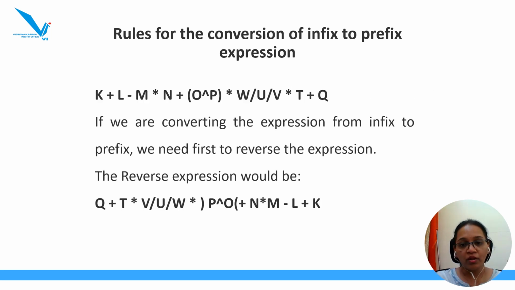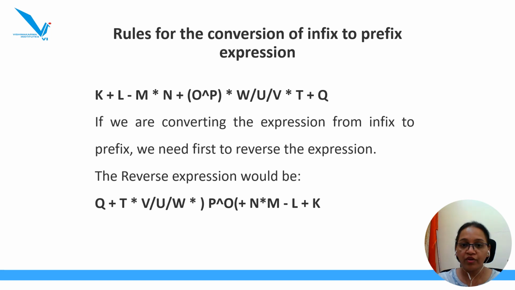So let us solve this with the help of the same example. K plus l minus m into n plus o raised to p into w by u by v into t plus q. If we are converting this expression from infix to prefix, the very first step is that we need to reverse the expression.